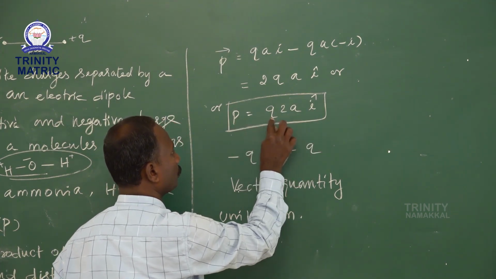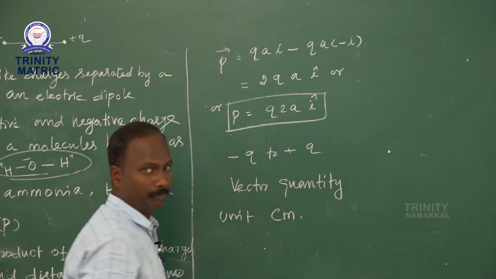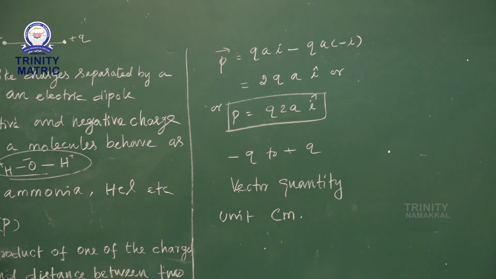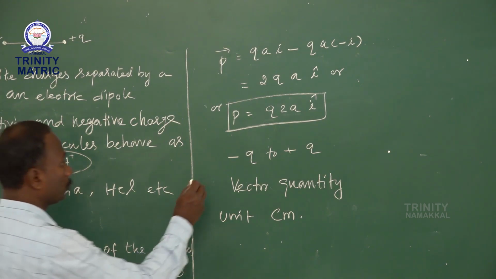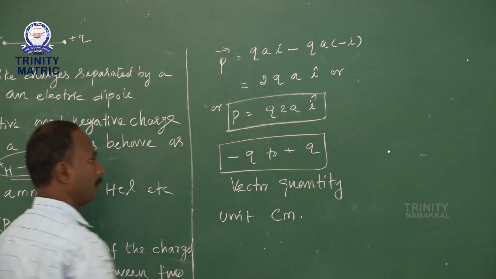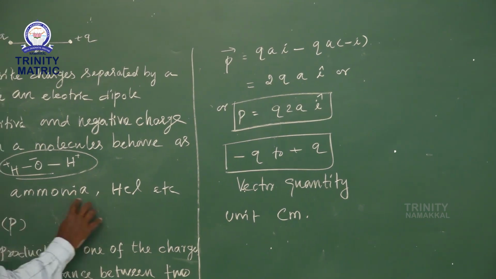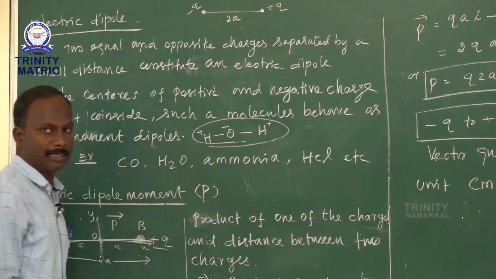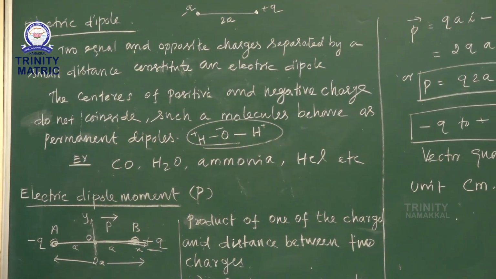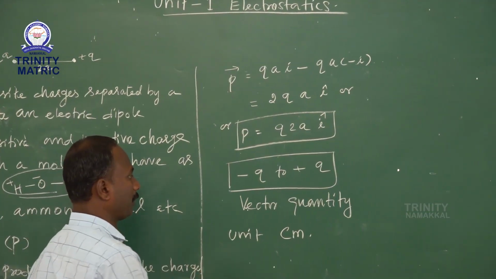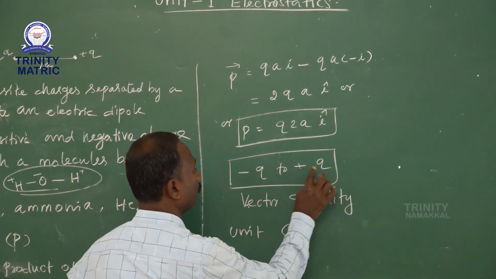So the dipole moment always acts from minus q to plus q. For any molecule, for example carbon monoxide, H2O, ammonia, HCl, the dipole moment acts from minus q to plus q.